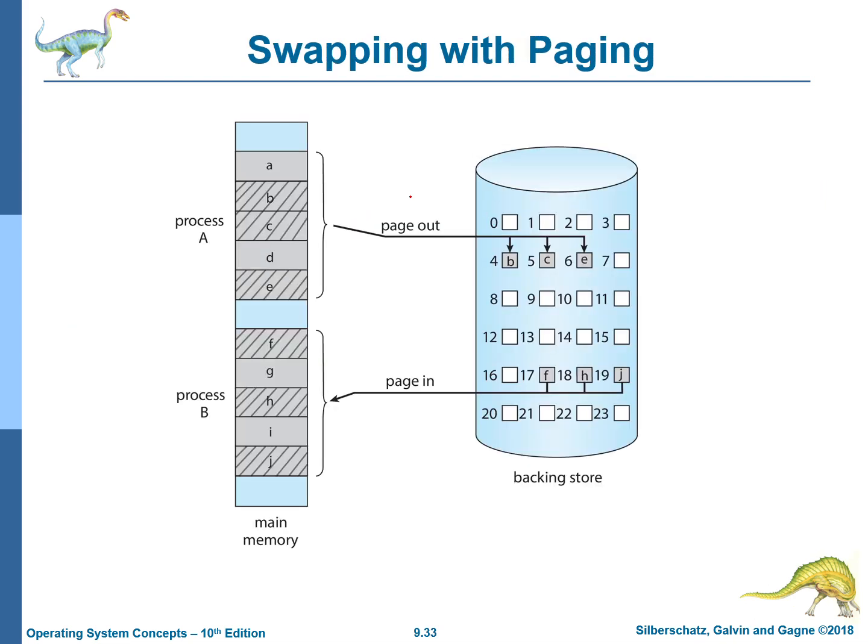And the swapping is also done with pages. Similarly, we have some pages which are already in the main memory. Suppose these pages belong to process A, and for a high priority task from process B, some pages have arrived, and now they want to access the main memory, maybe the same portion.